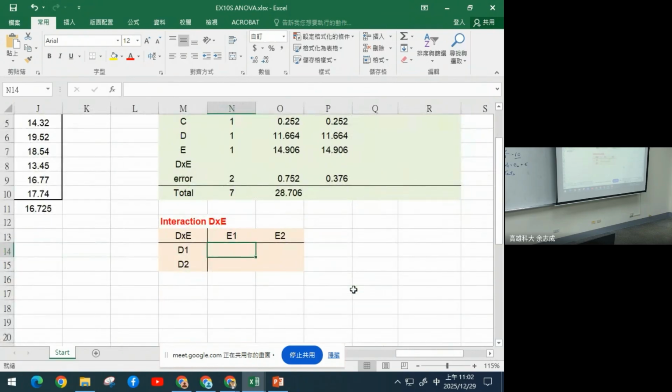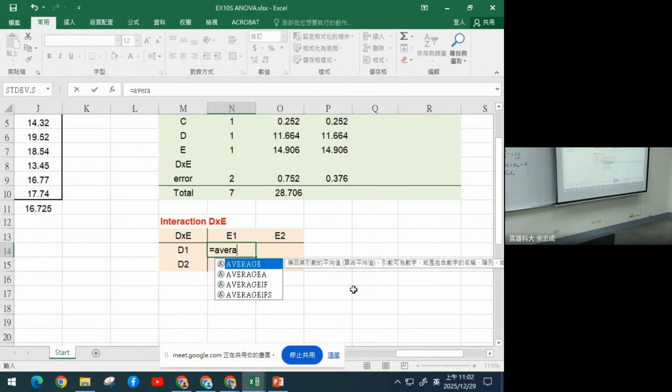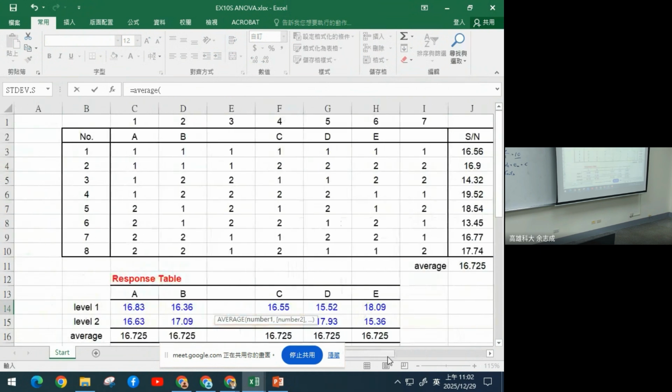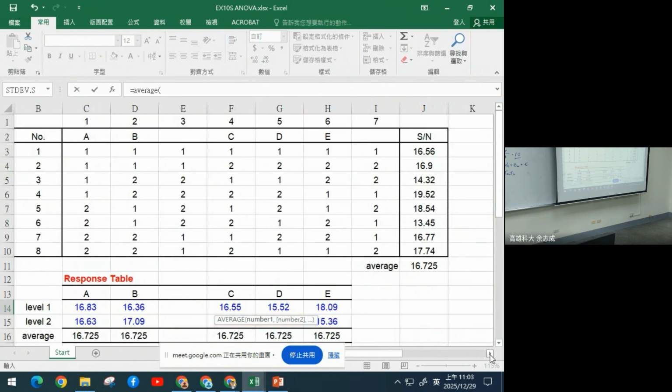All right, as a practice, you should be able to get the interaction plot or the combination of DE. DE will be here. So 1, 1, which is this one, and that one, right? Because DE is 1 and 1 for this experiment number 1 and experiment number 8.